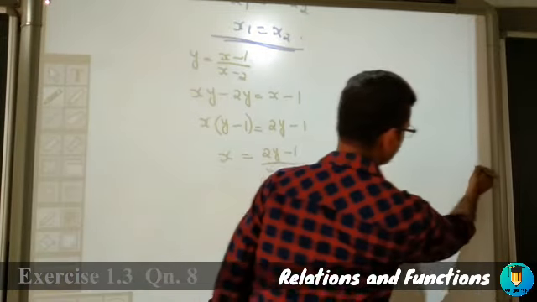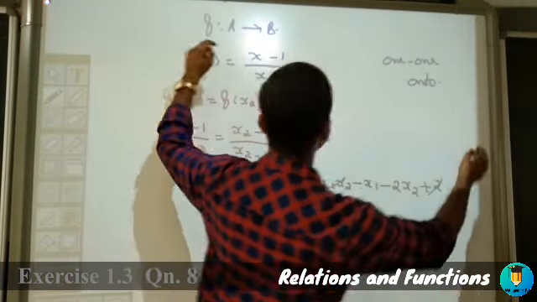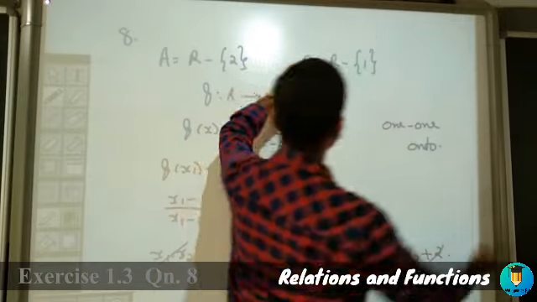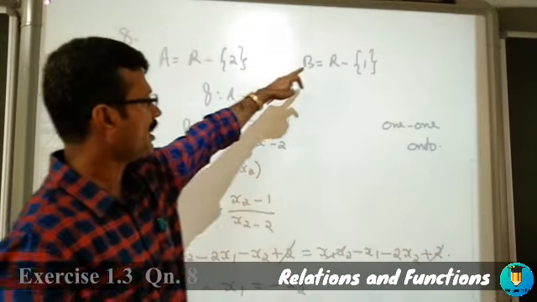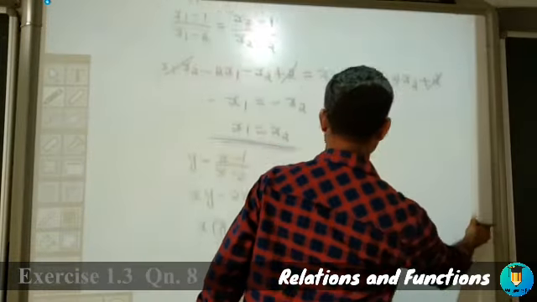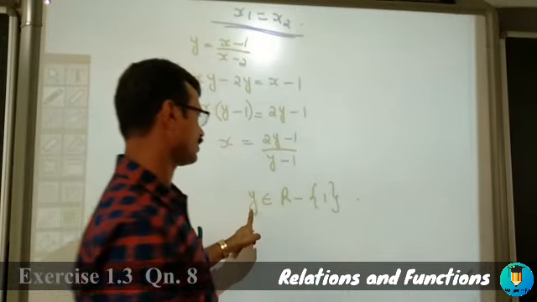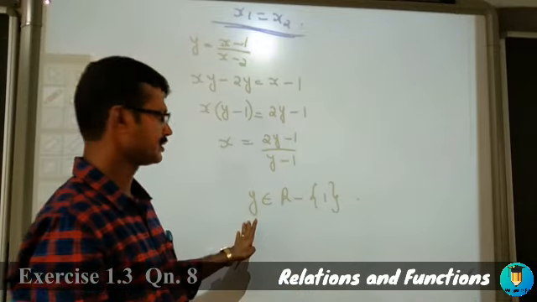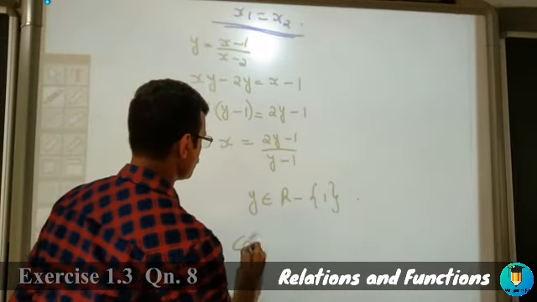So now if you come to the codomain, here the codomain is also B, R minus 1. So codomain and range are equal. Codomain is equal to range.